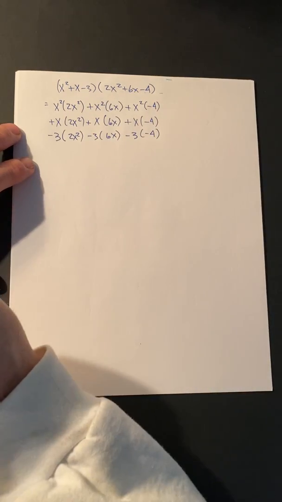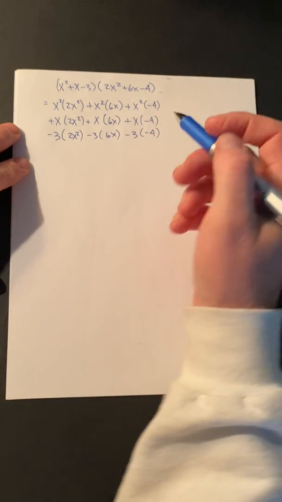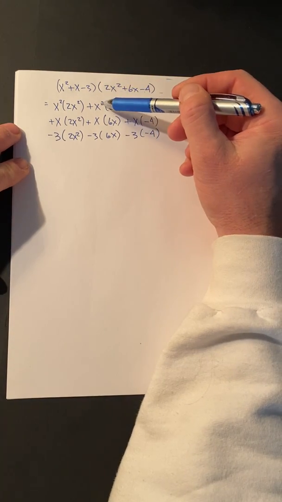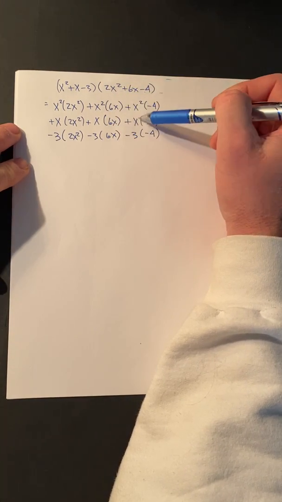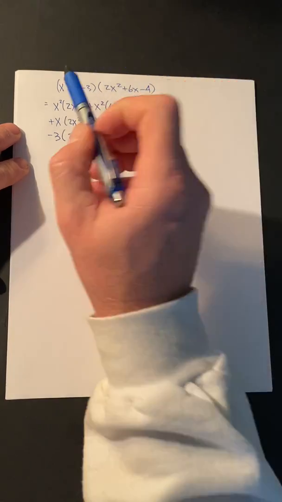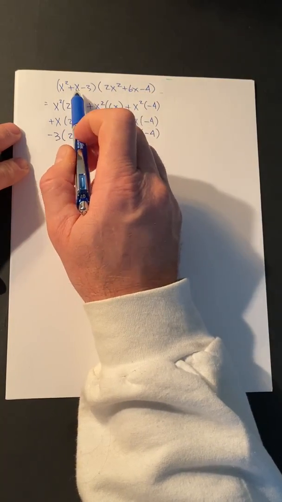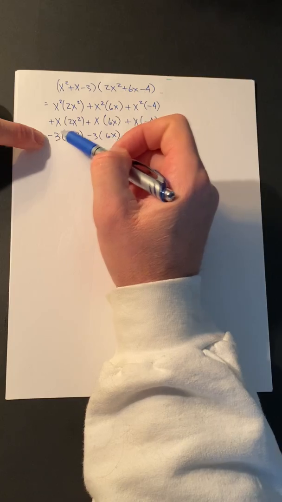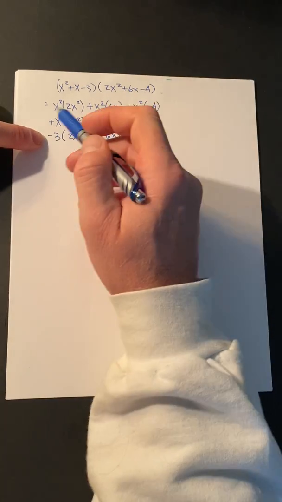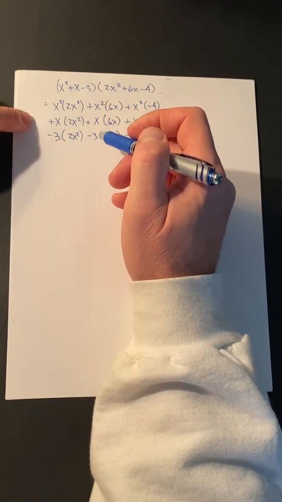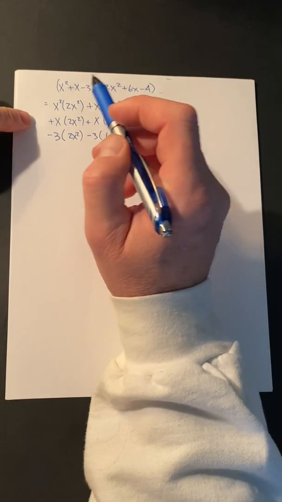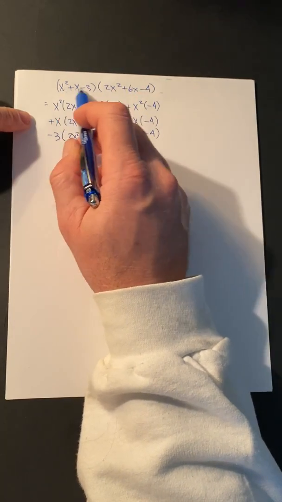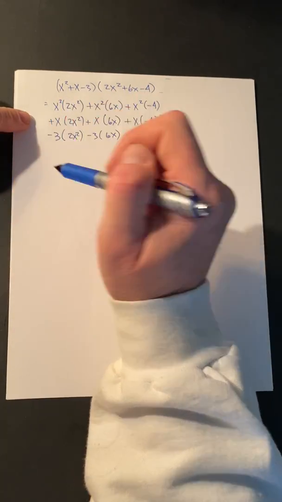Now, what's really neat about this, when you do it this way, notice each one of these columns here matches this first term, right? x squared plus x minus 3, all 3 times. So that's a quick check that I have, in fact, done everything from this first polynomial.